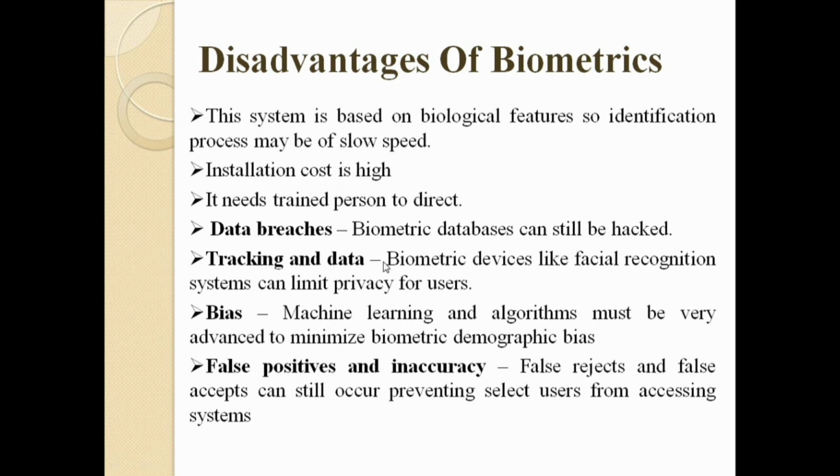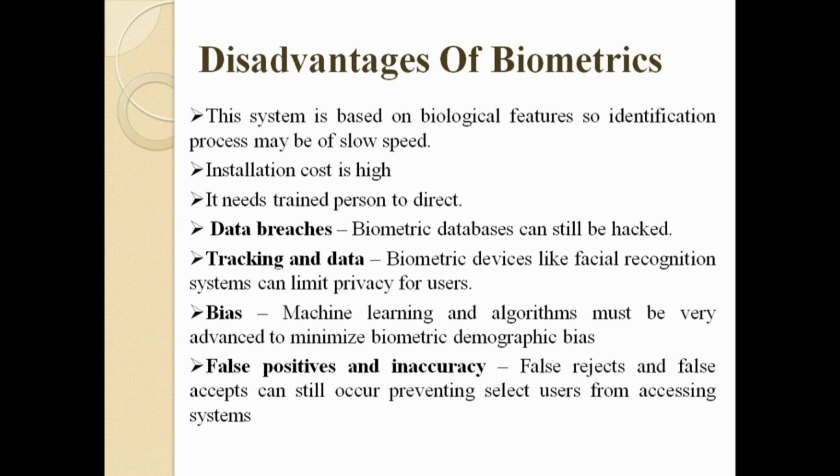Data breaches. This is the main disadvantage of biometrics. Biometric databases can still be hacked. Tracking and data: biometric devices like facial recognition systems can limit privacy for the users. If anybody hacks the database, they can ruin the privacy of all users.